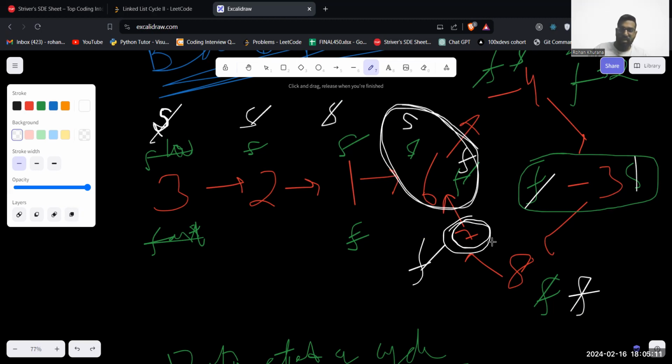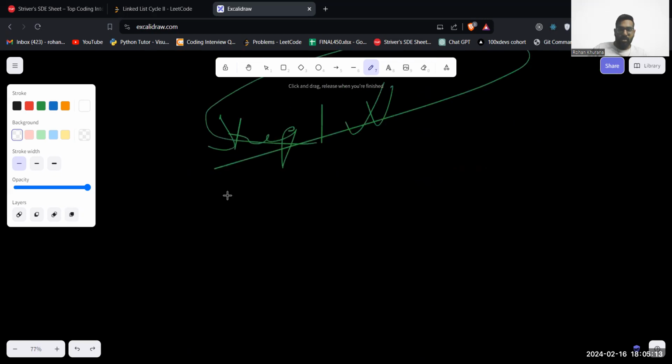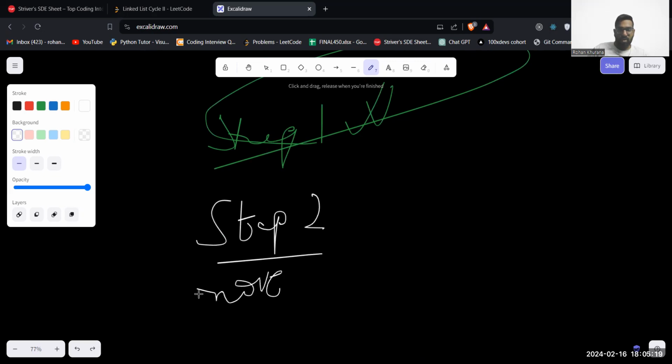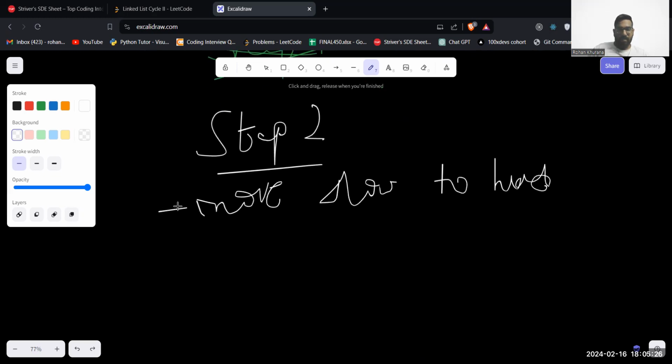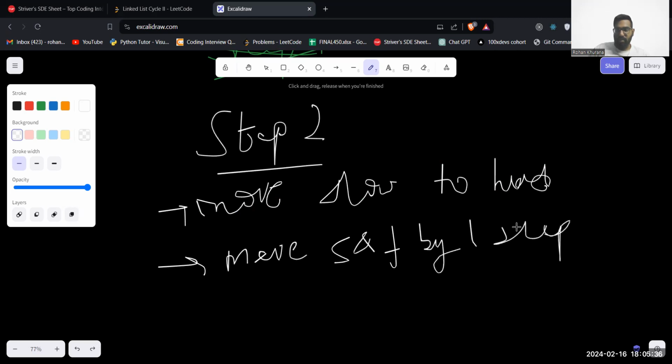This is the starting point. So step 2: move slow to head and move slow and fast by 1 step.